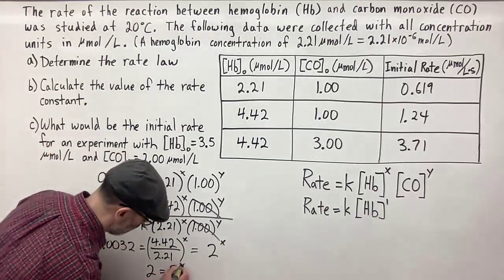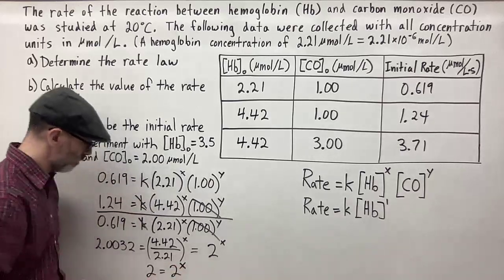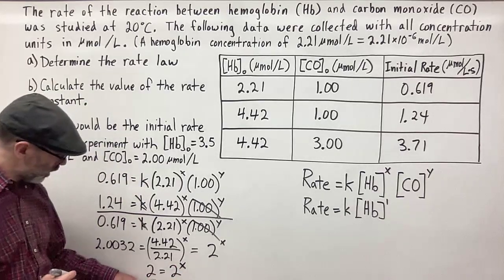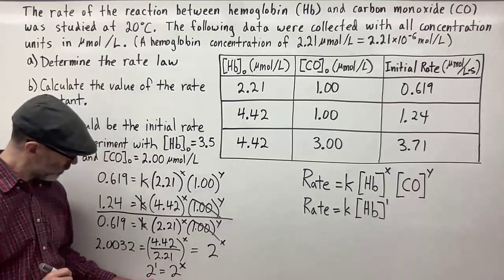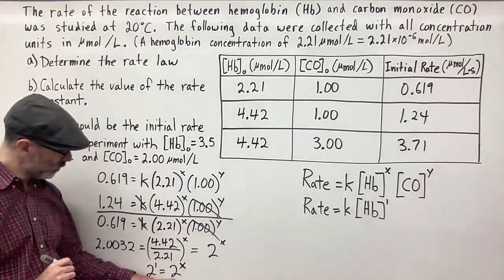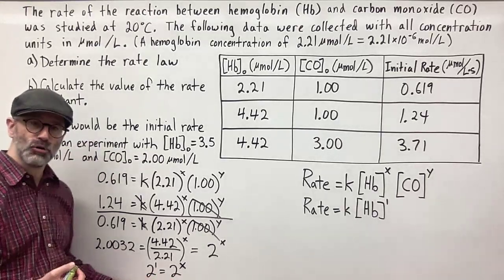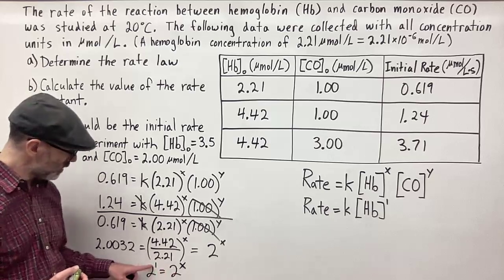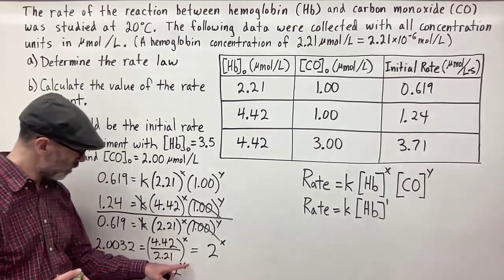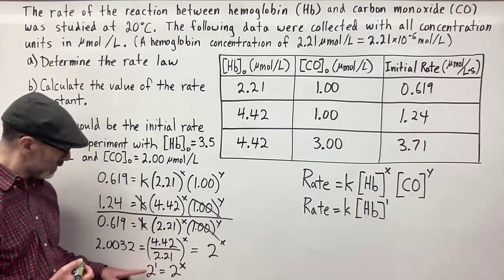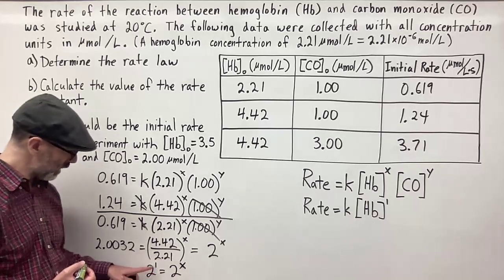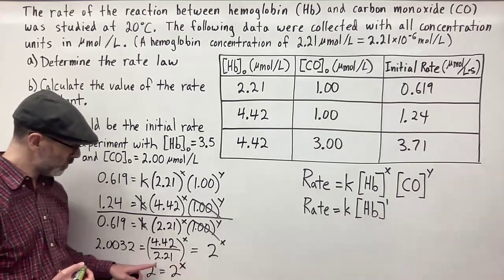Let me write that better. Well, what is the power of this 2? Well, it is to the power of 1, right? So if both of these have the same base 2, and this is to the power of 1, and this is power of x, and they're equal to each other, then this means that since the bases are the same, the powers have to be the same.